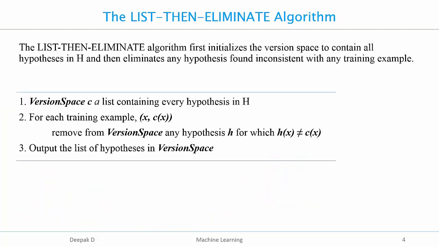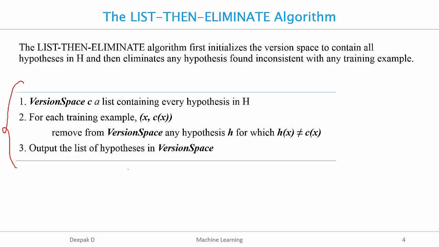Here the algorithm is the candidate elimination algorithm. This algorithm will initialize the version space to contain all the hypotheses in H, and then eliminate any hypothesis found inconsistent with the training examples. This algorithm consists of 3 steps.